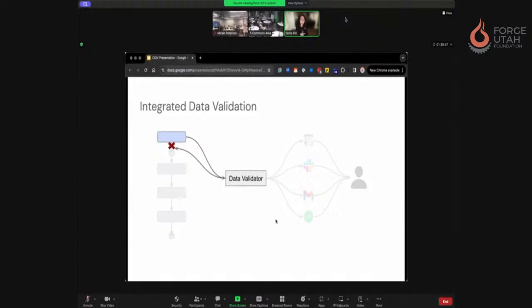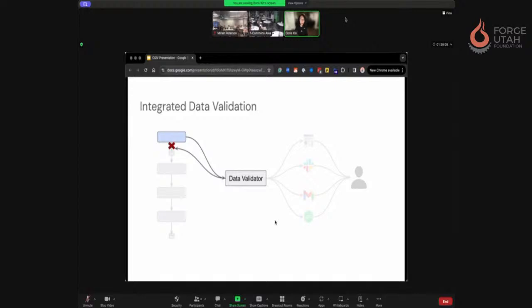What's nice about this is that you can prevent a lot of issues in real time, much better than human-in-the-loop latency, which is hours to weeks. So this can happen in real time, and this can prevent a lot of issues from occurring in the first place. But sometimes you don't always want to stop the pipeline.